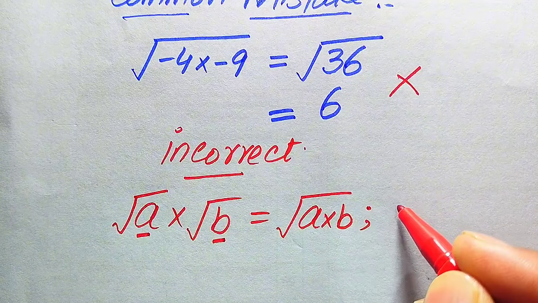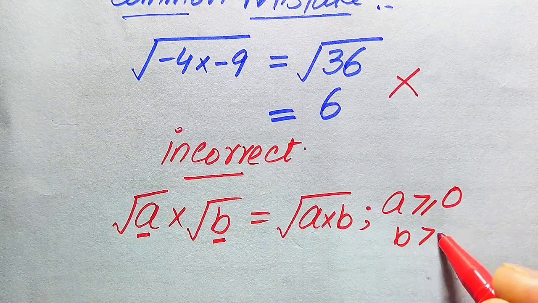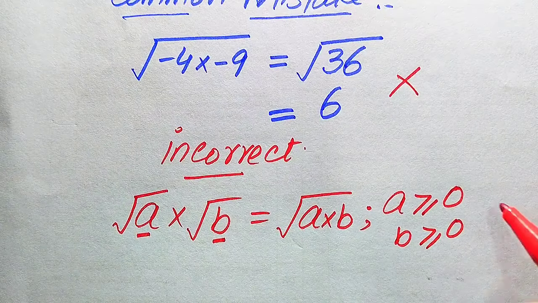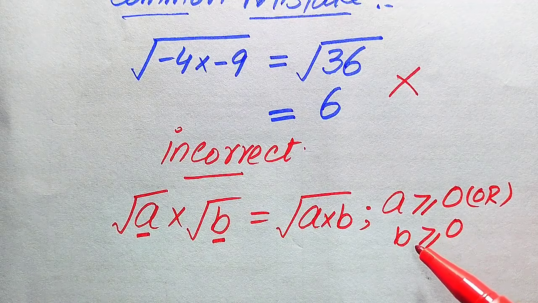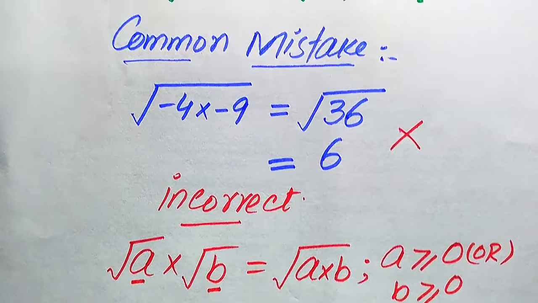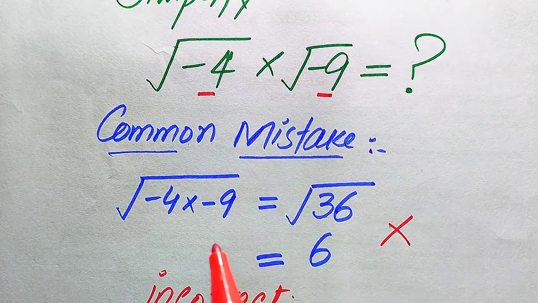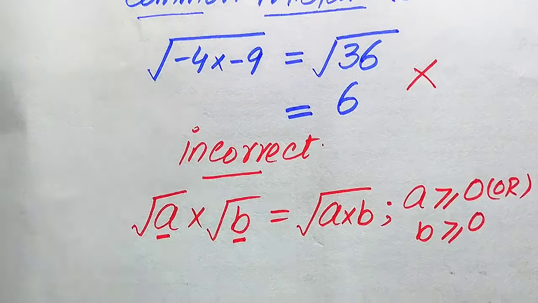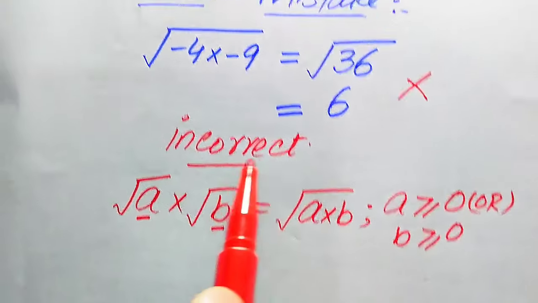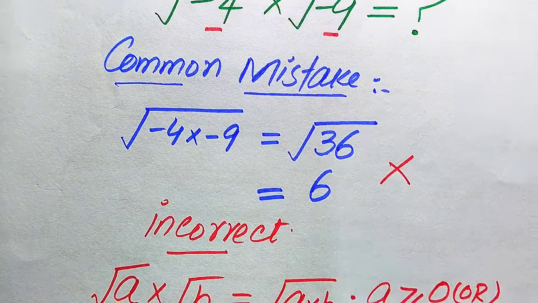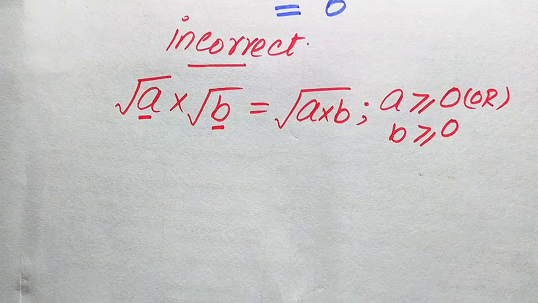We can apply this rule when a must be greater than or equal to 0, and b must also be greater than or equal to 0, or in other words, both of these values are positive. But in our case, both of these values are negative. This means that we cannot apply this rule here. When we apply this rule on this problem, it gives us the wrong answer. So this is the common mistake which students can make.